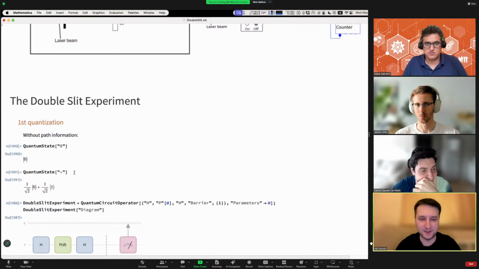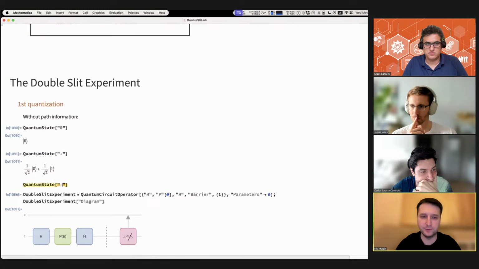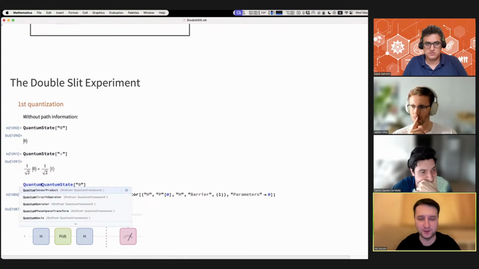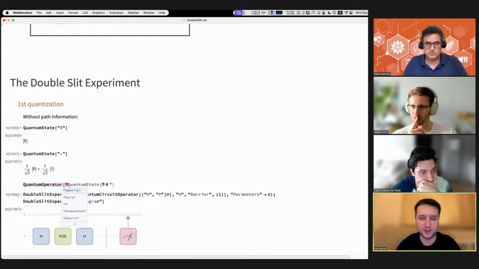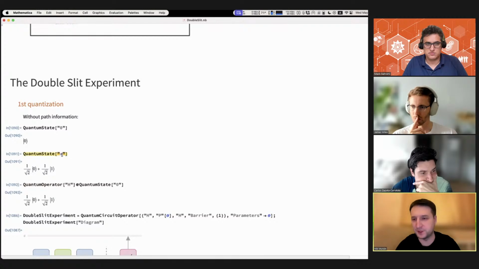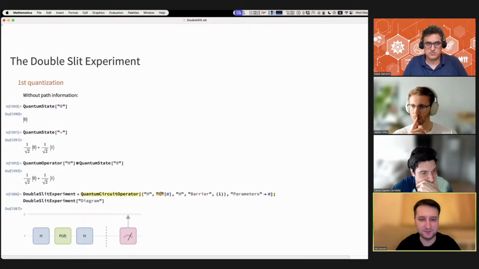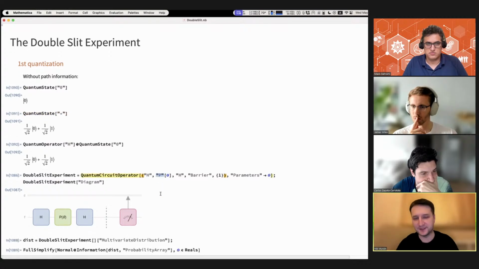You can do that by applying a Hadamard gate, which is what you see here as the first gate in the circuit. When you apply the Hadamard gate to the zero state, you get the superposition of the left and right paths. The next piece in this circuit, in order to introduce the interference, is to introduce some phase difference between those two paths.